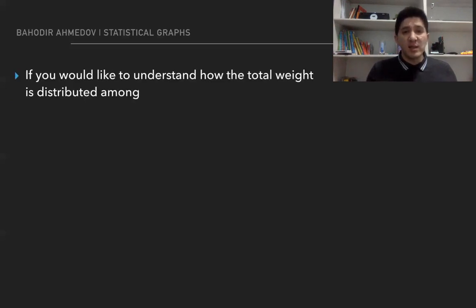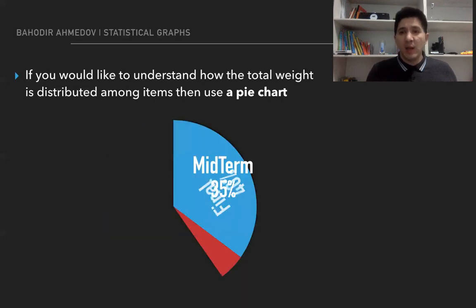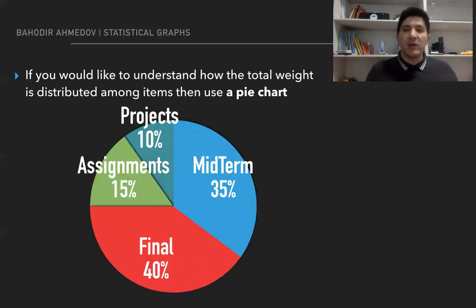If you would like to understand how the total, 100%, is split into different categories, then you need to use the pie chart. For example, this one shows how 100% of your grade is distributed over the different types of assignments.